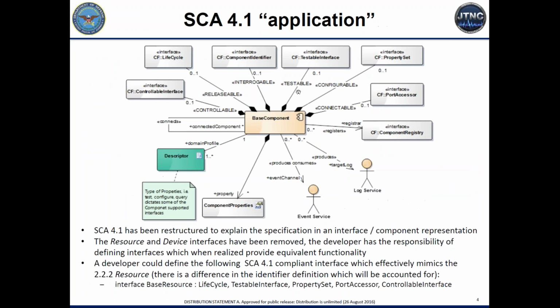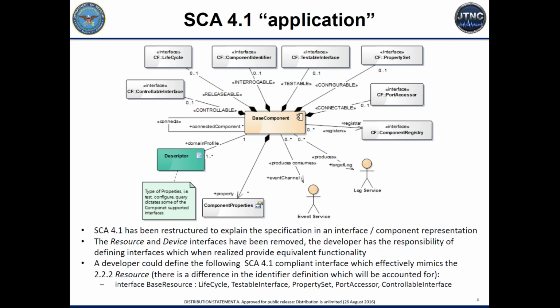When you go to SCA 4.1, the application becomes something that is focused on the component structure. So we have that base component, which ends up being the primary element included to represent a component of an application.